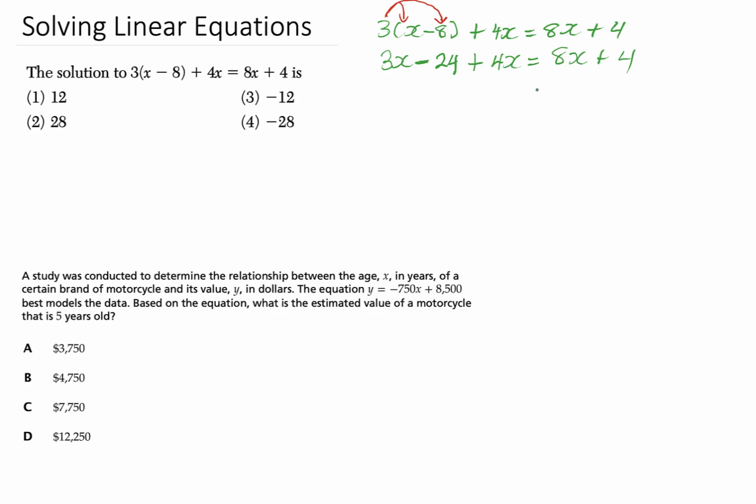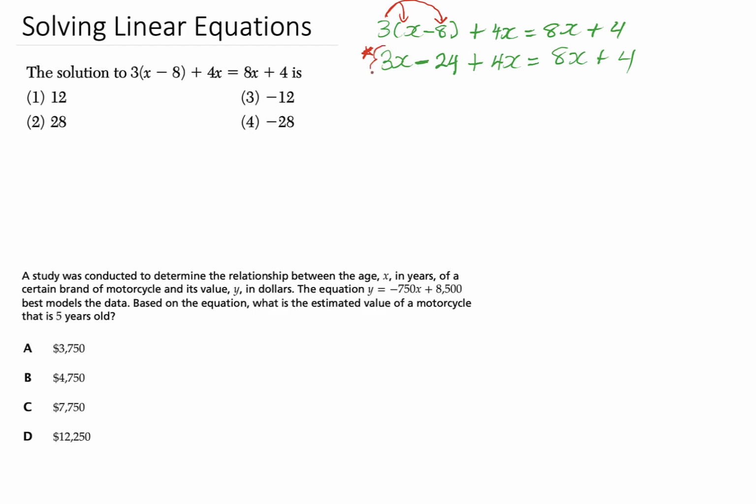When you're solving linear equations, you usually have 2 terms equaling 1 term or 2 terms equaling 2 terms. On the left-hand side, I notice I have 1, 2, 3 terms. Whenever you have more than 2 terms, it means you may be able to combine some that are similar.